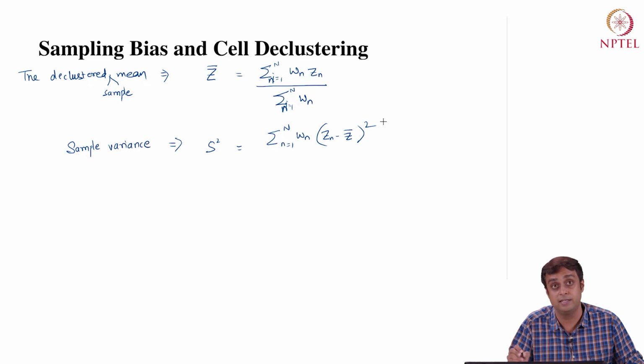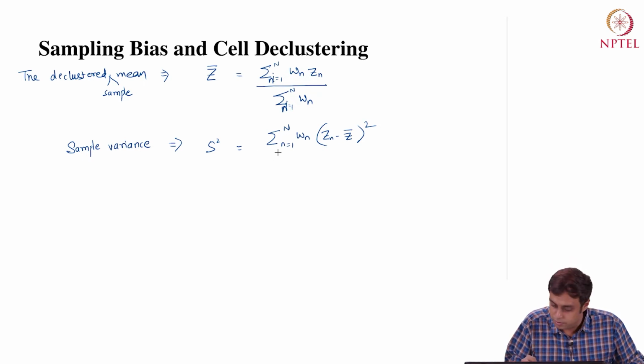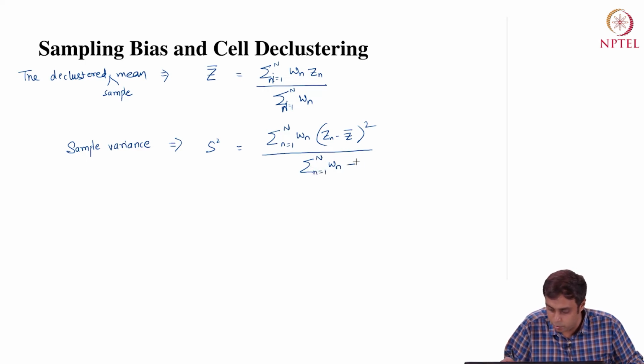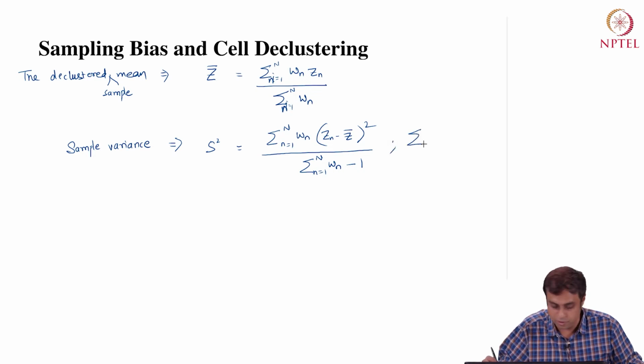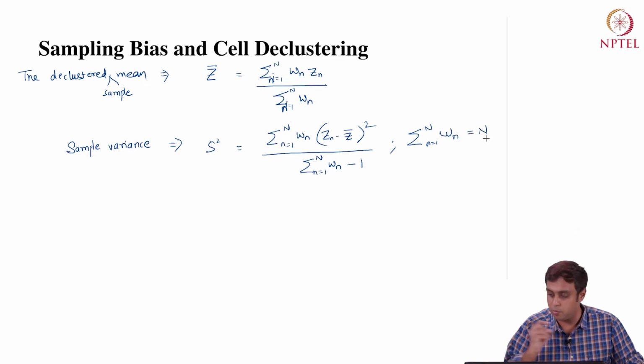Remember, Z bar is the declustered mean, okay, divided by summation n equals 1 to N Wn minus 1, such that summation n equals 1 to N Wn should be equal to N.